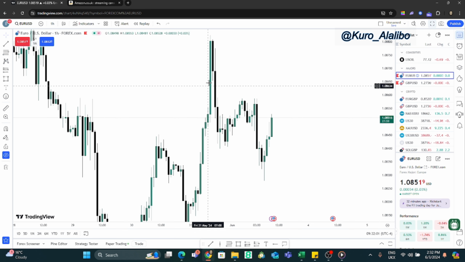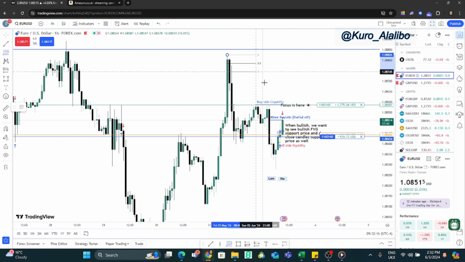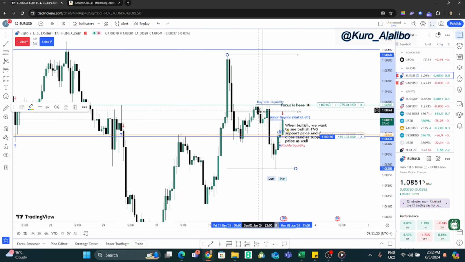So we have an imbalance above that price never reached. It came close, but it never reached it. Plus the very smooth highs, plus the fact that it's in a discount. If you measure your fib, the distance from that high to this low, it's in a discount. Above the 50% level is a premium, below the 50% level is a discount.